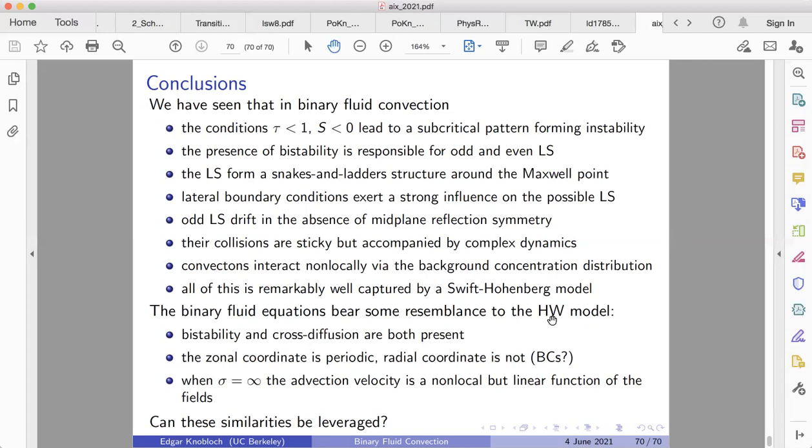We're dealing here with driven dissipative systems that are not in thermodynamic equilibrium, right? And so you have to be careful about using ideas that come from equilibrium thermodynamics.